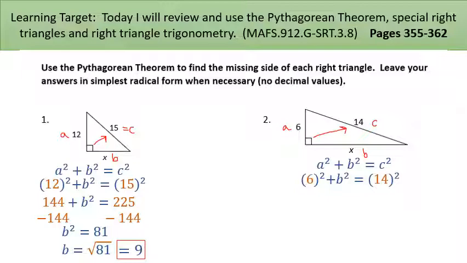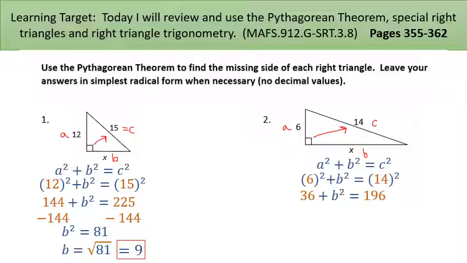All right, next move is going to be to simplify this, so we'll have to deal with those squares. 6 squared is 36. 14 squared, here's where the calculator comes in handy, is 196. So we get 36 plus b squared equals 196.